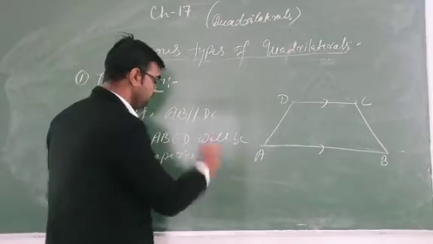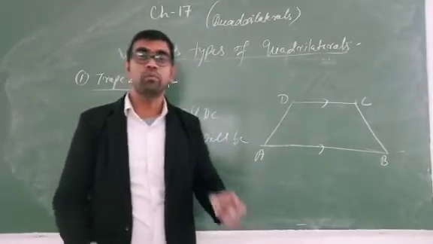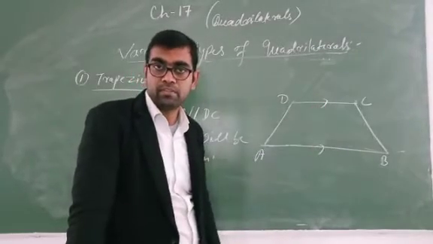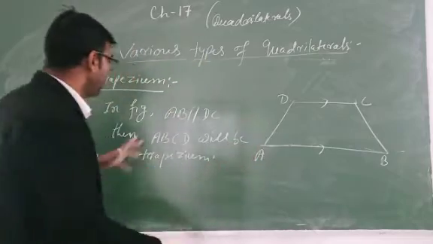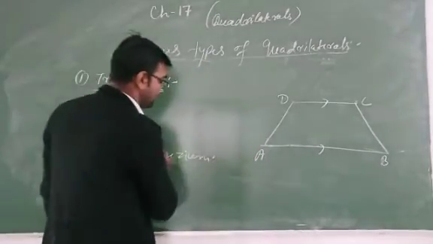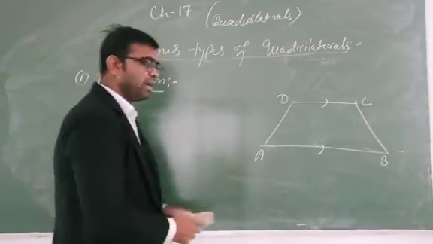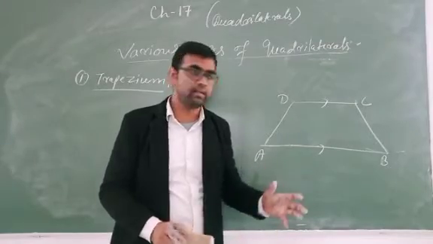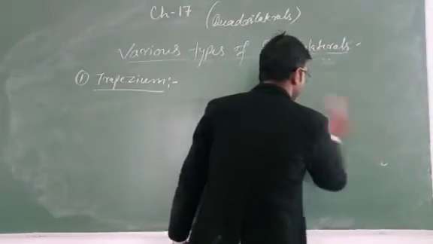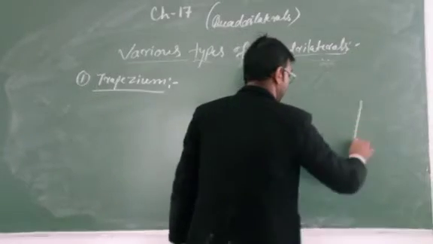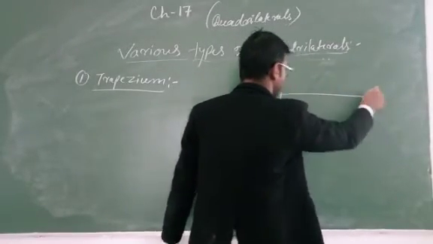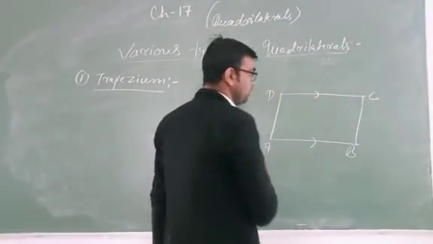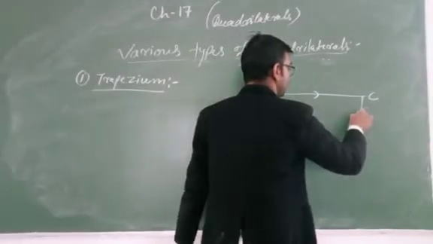So in a quadrilateral, if one and only one pair of sides are parallel, then it is said to be a trapezium. But if both of its opposite sides are parallel, because you know a quadrilateral has four sides, suppose in this figure ABCD this is parallel to this, and this is also parallel to this.